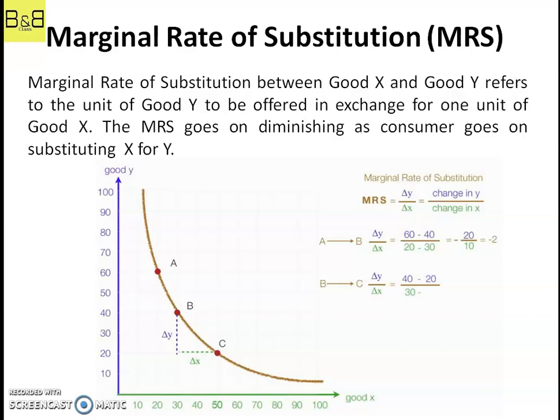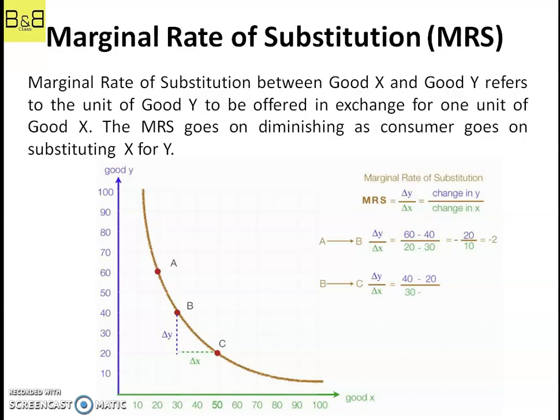As you can see on the screen, we have done a few calculations of MRS at two different points, or when we are moving from one point to another, and the calculation shows that the MRS is diminishing as we move from left to right. Here on the screen, I think a few of the numbers are visible.